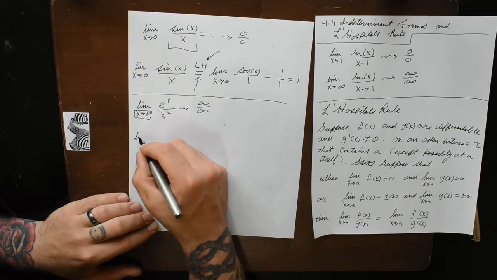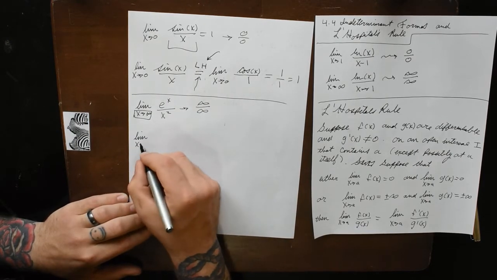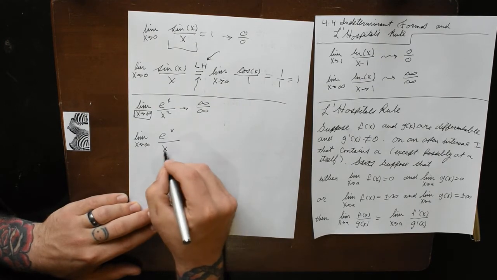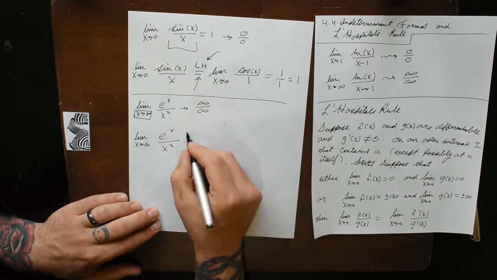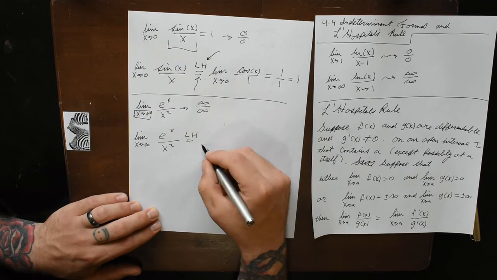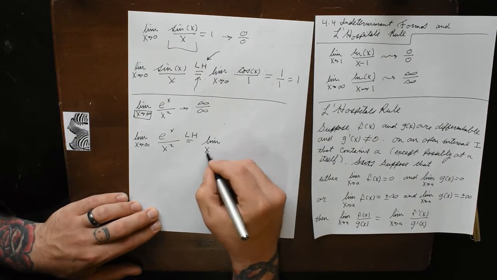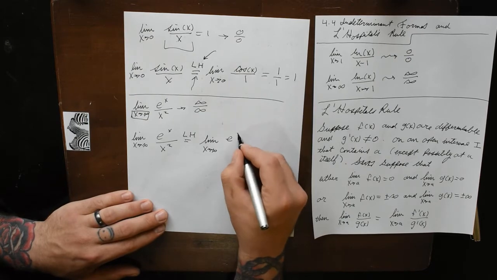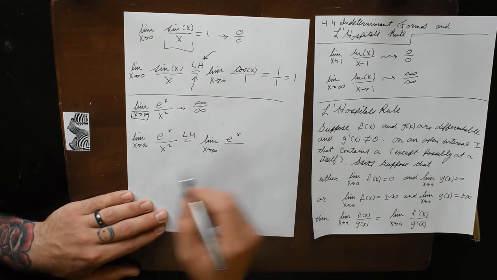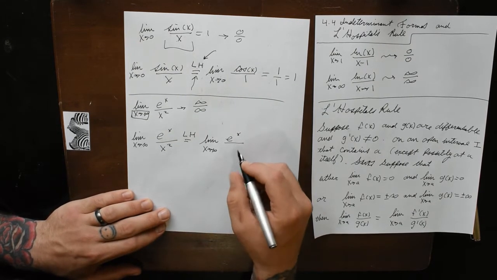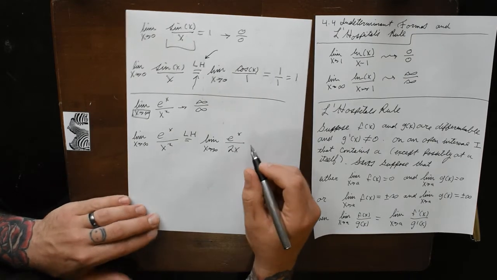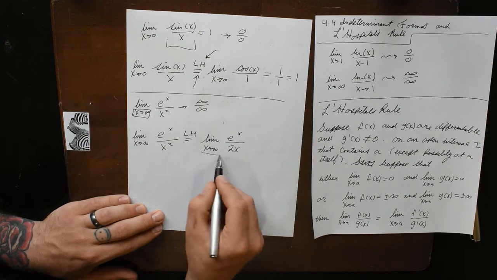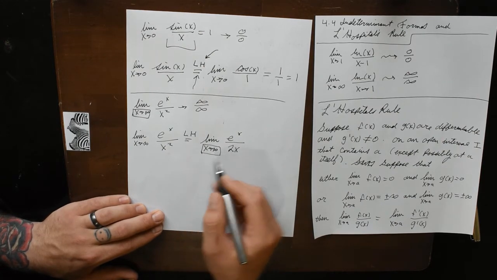So we know that the limit as x goes off to infinity of e to the x over x squared is equal to, by L'Hopital's rule, the limit as x goes off to positive infinity of the derivative of e to the x, which is e to the x, divided by the derivative of x squared, which is 2x. And now if we want to apply this limit, what happens as x gets big?